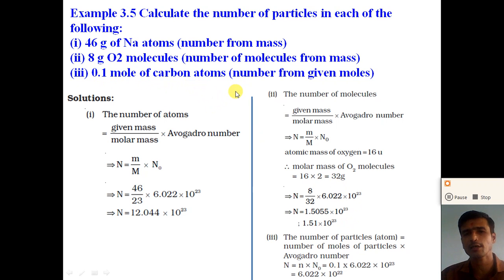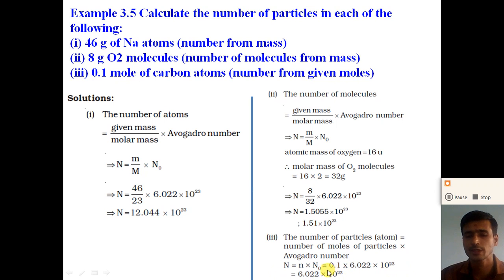So how can we calculate the number of particles, the number of atoms, from the mole? The number of particles is equal to the number of moles of the particle into the Avogadro number. Here the mole of the carbon atom is 0.1. So we take capital N is equal to small n into N0. Small n, the number of moles given to you, is 0.1, into N0, the Avogadro number, which is 6.022 into 10 raised to 23.